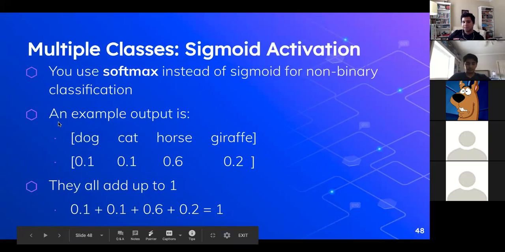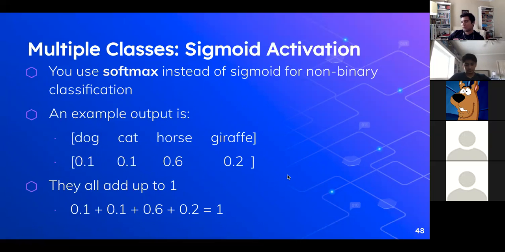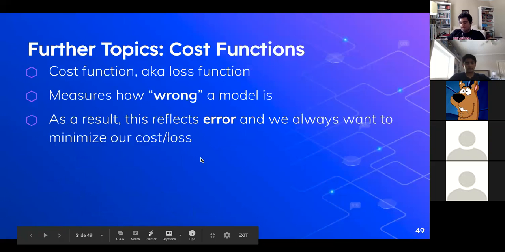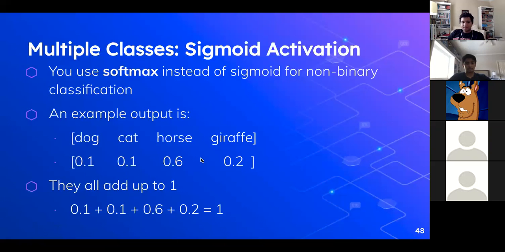So here's an example output. For this input image, what do you think the neural network will put for the 1 in the 1 hot encoding? Any ideas? If we were to 1 hot encode this, let's actually do it together.